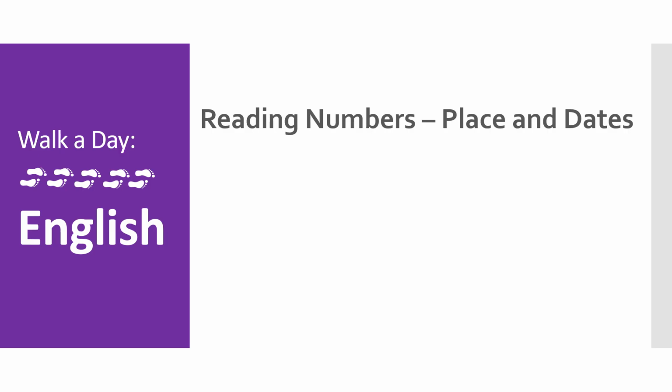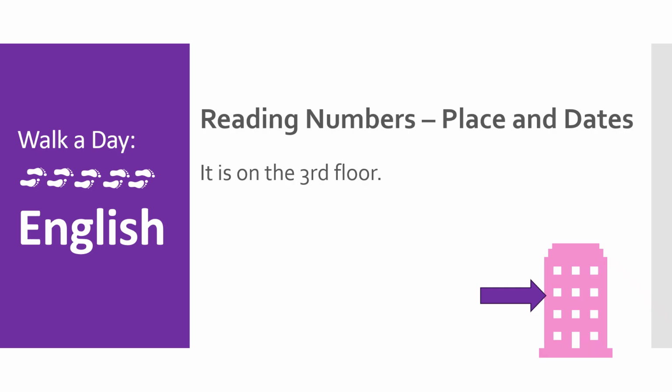Okay, so let's take a look at reading numbers for place and dates. These are called ordinal numbers, and they again refer to positions and dates. So if I wanted to describe where the arrow is pointing in this building, I might say this. It is on the third floor.